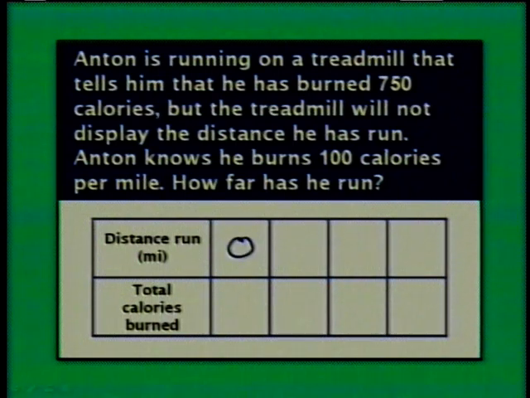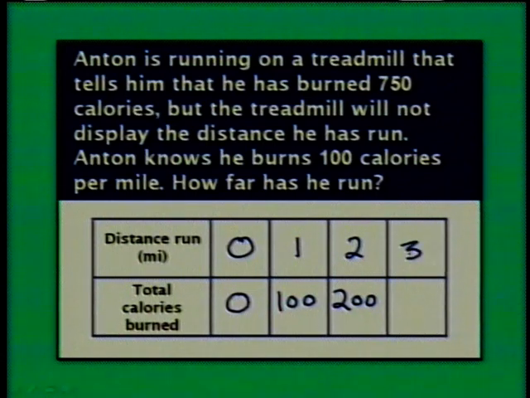So if Anton has run 0 miles, he will burn absolutely no calories from running. If Anton runs 1 mile, he's burning 100 calories per mile, so he will burn 100 calories after running 1 mile. If he runs 2 miles at 100 calories per mile, he'll burn 200 calories.